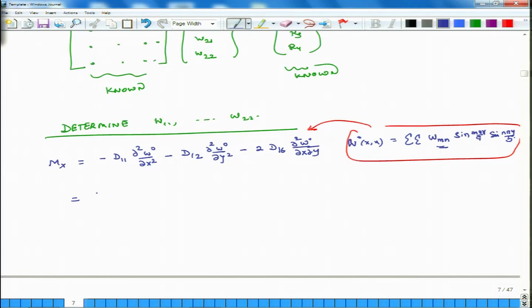So, I get D11 m pi over a whole square plus D12 n pi over b whole square, and this is multiplied by sine m pi x over a sin n pi y over b, and then now we have a D16 term.